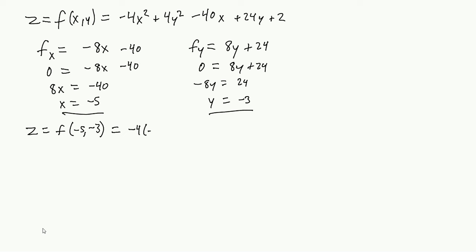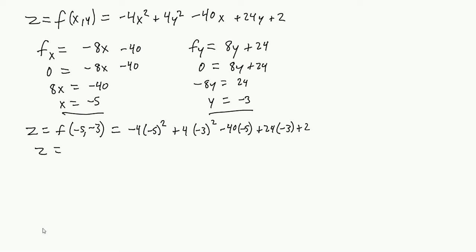Negative 4 times negative 5 squared plus 4 times negative 3 squared minus 40 times negative 5 plus 24 times negative 3 plus 2. Go through and calculate that.